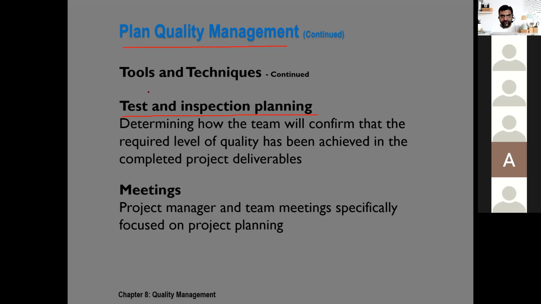That says that firstly we define the tests, then we try to meet those test definitions by doing our work. Meetings are also a technique, as you can understand, but this time the focus of these meetings could be around quality planning for the project.